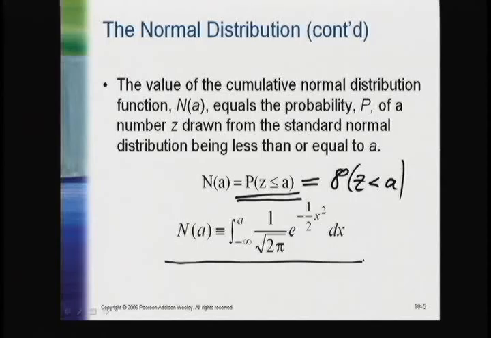More commonly, what you see in probability tables is that they actually give you the integral from 0 to a for various positive values of a, with the understanding that you simply need to add 1/2. Some tables will give you the integral from minus infinity, but obviously if you just integrate from 0 to positive a and add the number 1/2 to the probability value, you get the normal distribution function.